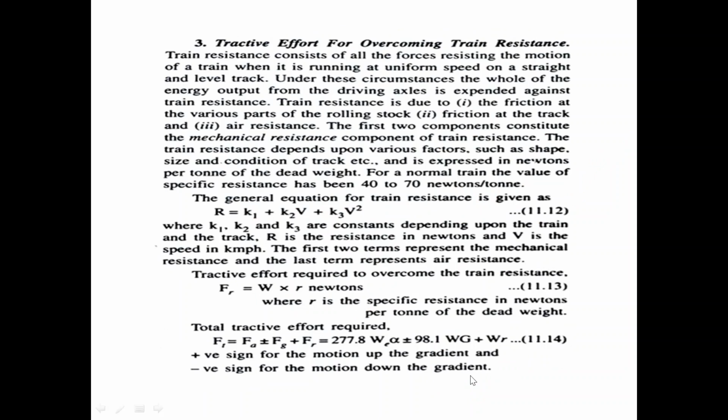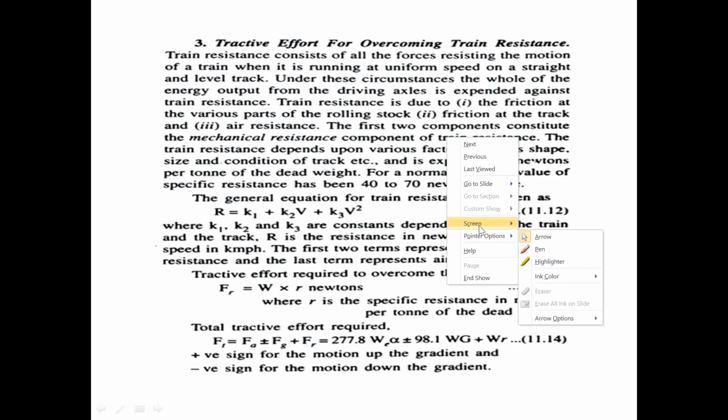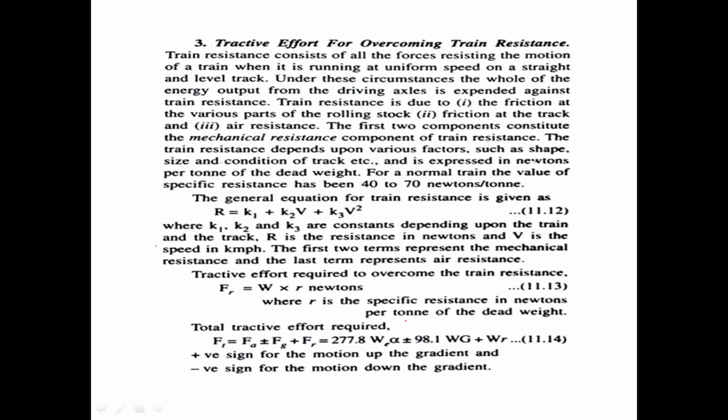Next one is the tractive force for overcoming the train resistance. This is very simple actually. We have to remember this equation: W into R. This is the tractive effort required to overcome the train resistance.